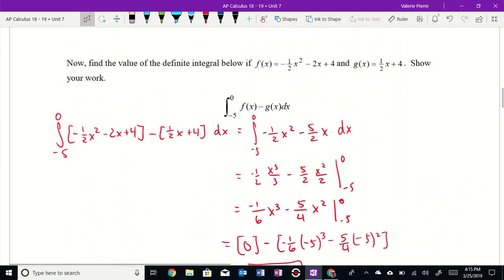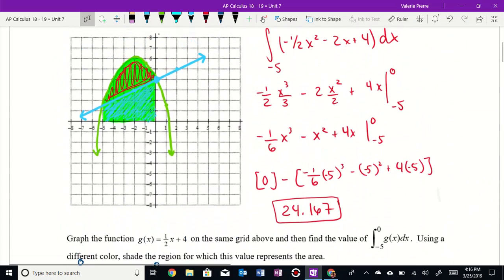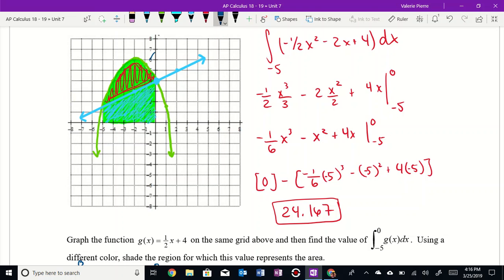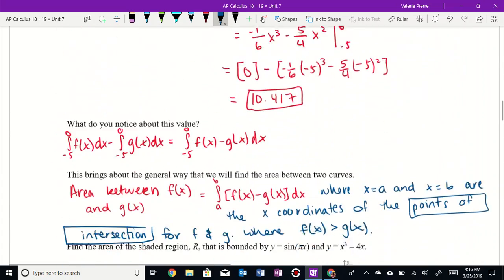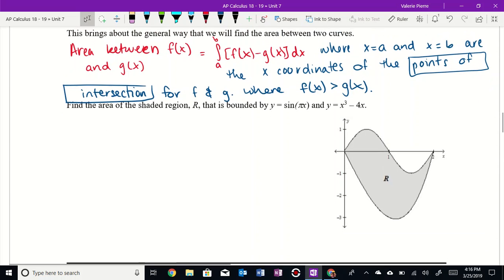So if you look here, the function that was on top on our interval was f of x, and the function on the bottom was g of x on this interval in particular. But if we were to go outside of that interval, let's say from 0 to 1, the function on the top would have been g of x and the function on the bottom would have been f of x. So you really have to pay attention to the position of these functions when you write this integral.